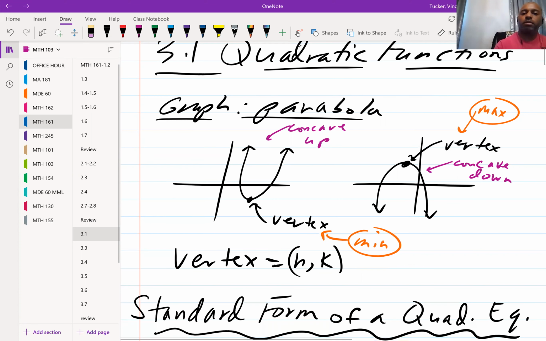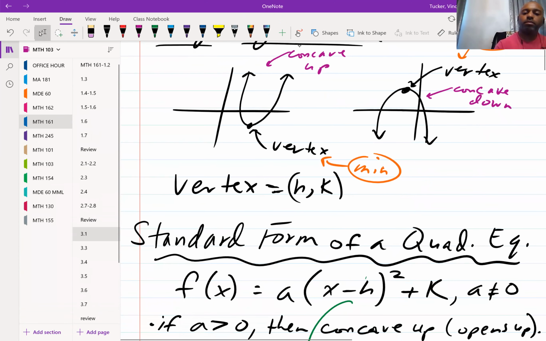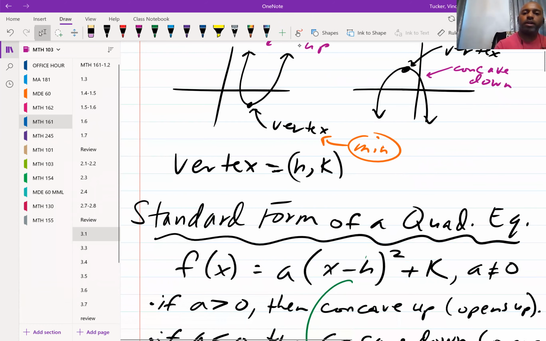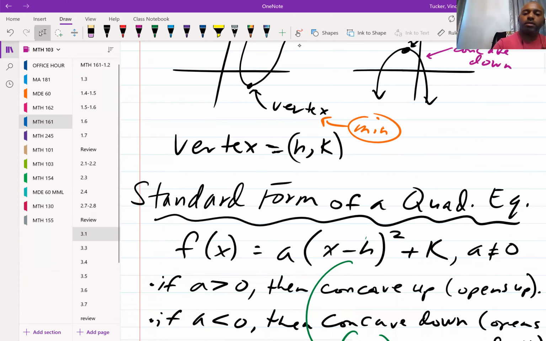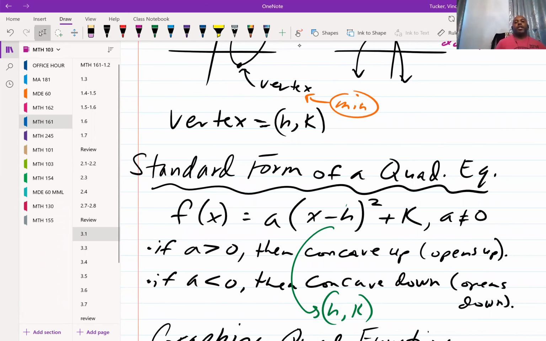Everybody done with the graph? All right, so the standard form of your quadratic equation is a times (x minus h) squared plus k.